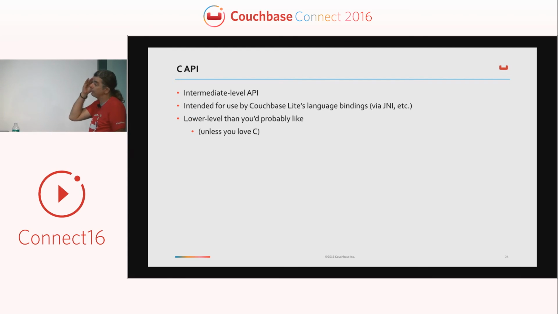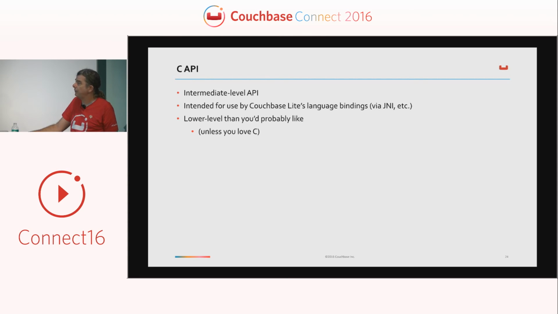I'll talk a little bit about the C API, even though it's not something that we really intend for you guys to use. I mean, you can, but it's really intended as this intermediate layer that's going to be the glue in between the Couchbase Lite core library and the nice object-oriented, high-level API in the language that you code in, Swift or Java or C# or whatever.